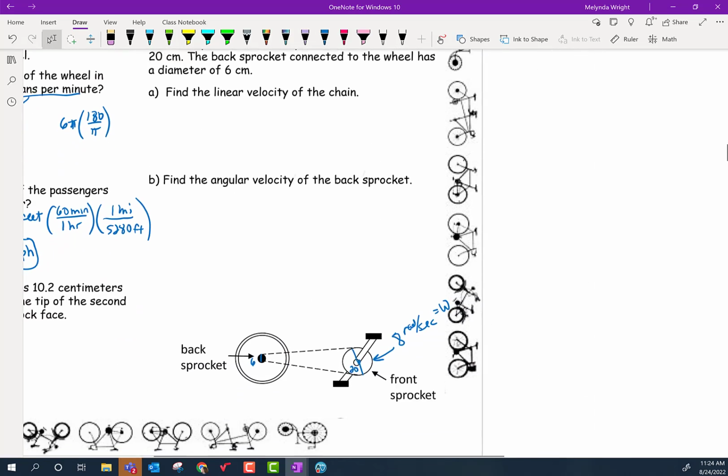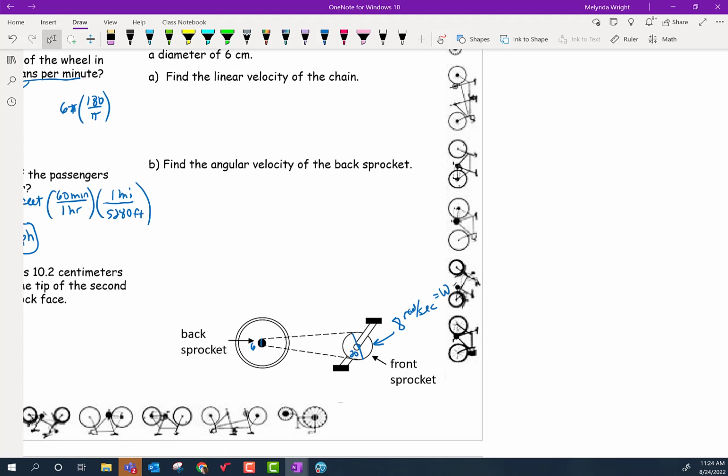Great. Find the linear velocity of the chain. Let's write down our formula. V equals omega r. Do we have the linear velocity of the chain? Do we have an angular velocity that was given to us?